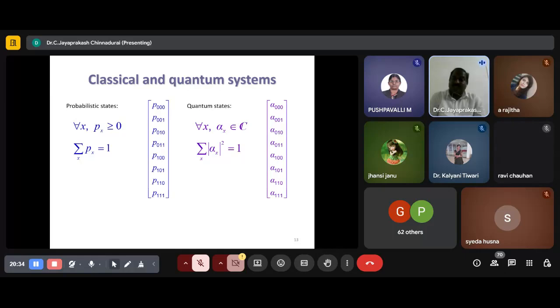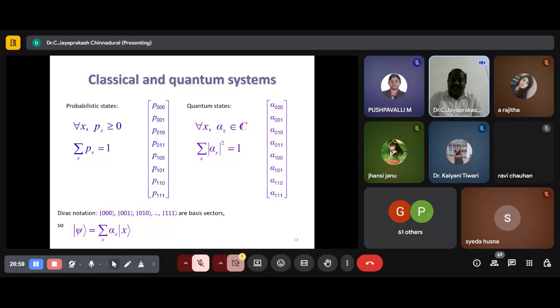The same thing was already discussed in the previous slides also. If you sum alpha x the whole squared, the sum is always 1. The probability, the output, is 1. So it can be represented in this form: alpha of 000, alpha of 001, alpha of 010 up to alpha of 111. So this is the direct notation. The notation can be represented like this.